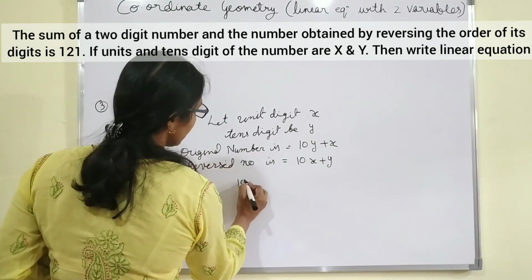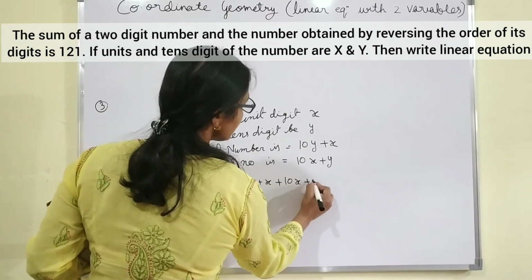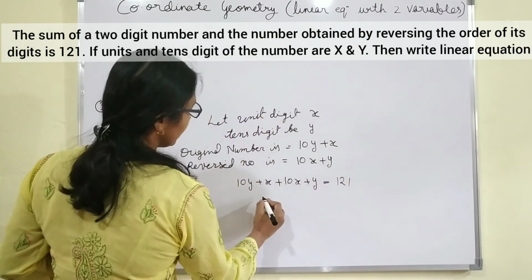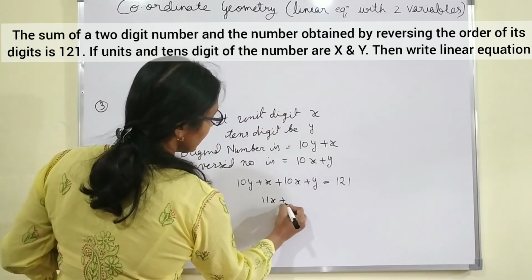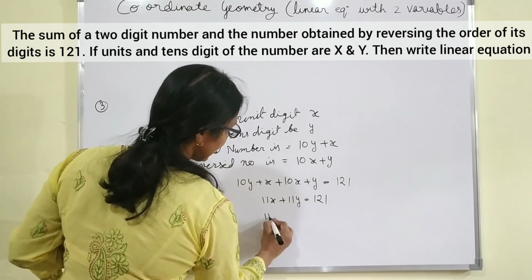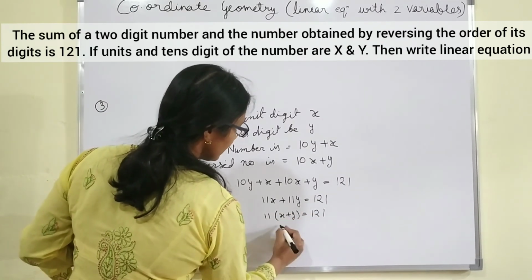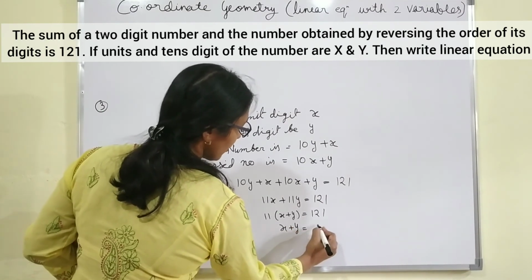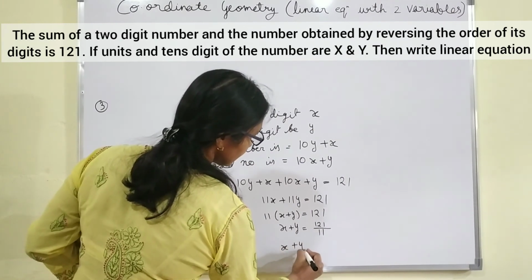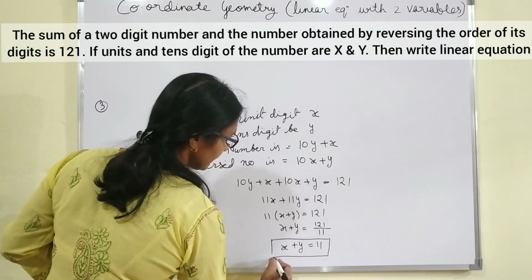So 10y plus x plus 10x plus y equals 121, which means 11x plus 11y equals 121. So we take 11 as common: x plus y equals 121 divided by 11, that is 11. It is our linear equation. Now you draw it in the graph.